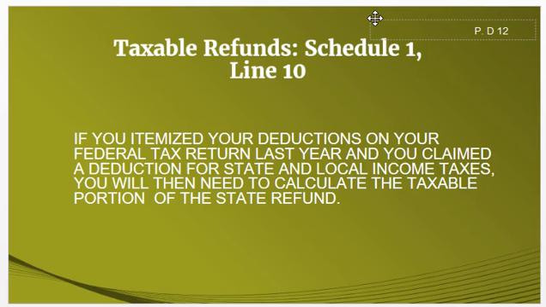So if your taxpayer itemized last year, they could have to report this state refund as income. If they did not itemize, they would not have to report it as income.